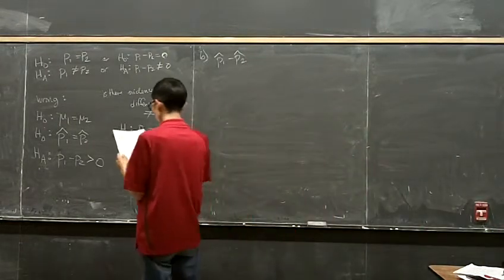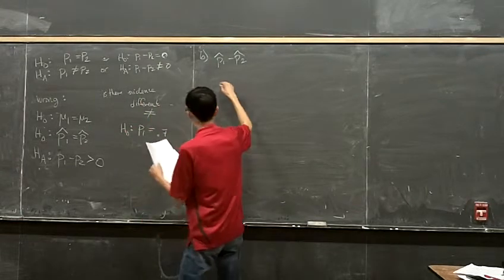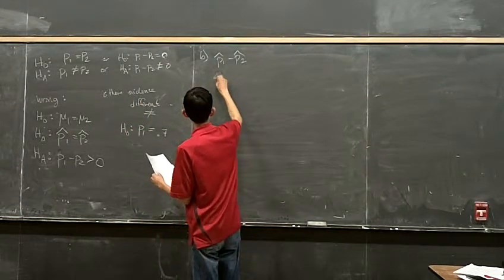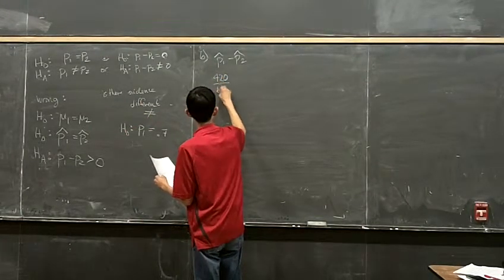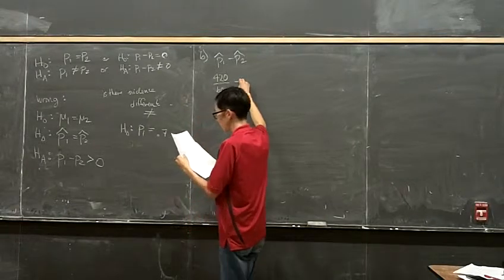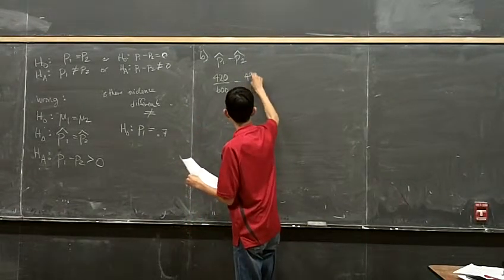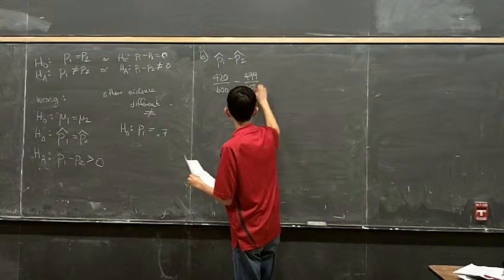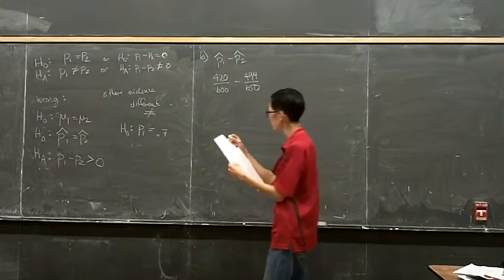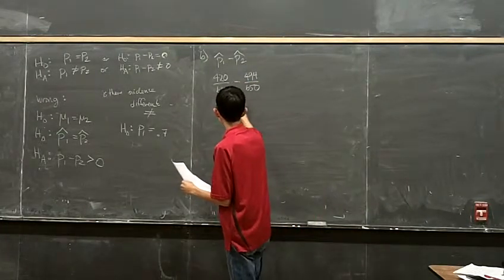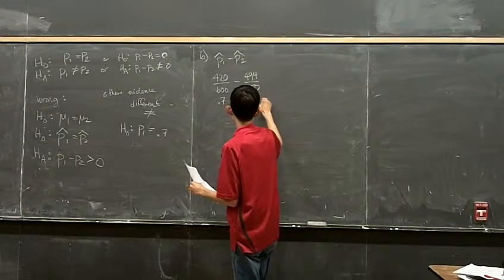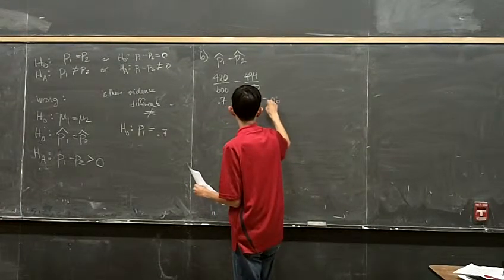One version had 420 out of 600 minus 494 out of 650, and so this is going to be 0.7 minus 0.76, and you get negative 0.06.